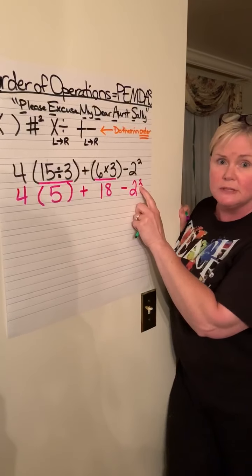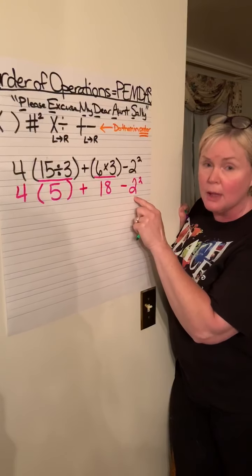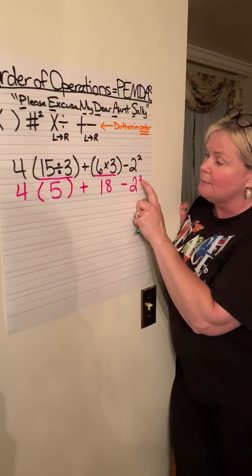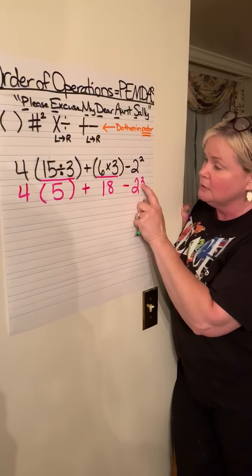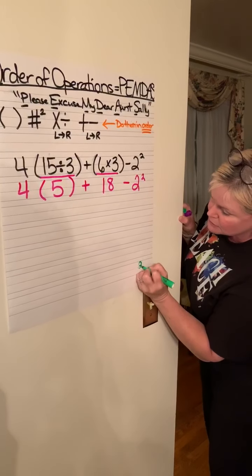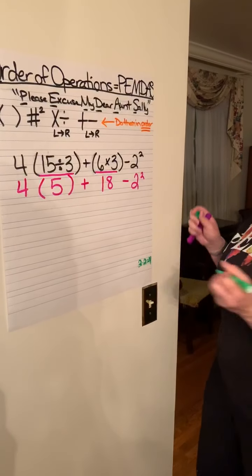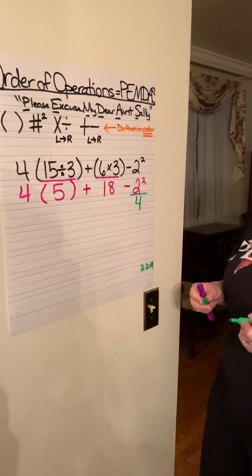This little 2 tells you how many times to multiply the big number by itself. So this is telling me I want to multiply this 2 by itself 2 times. So down here, I'm going to do 2 times 2, and that's going to be equal to 4, okay? So I'm going to put my 4 here, because I did my exponents next.